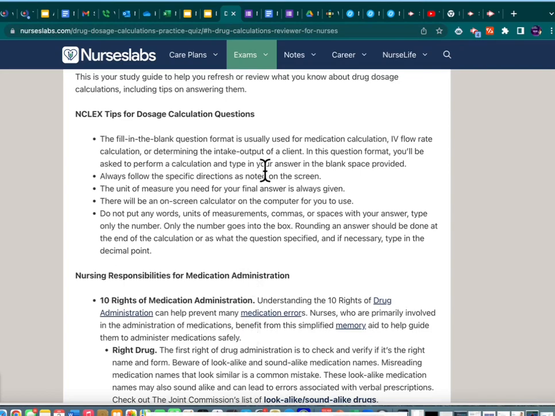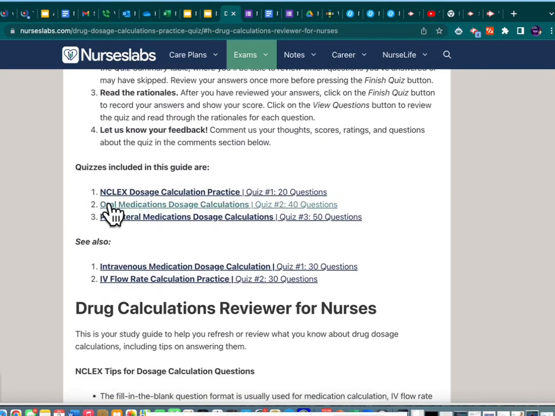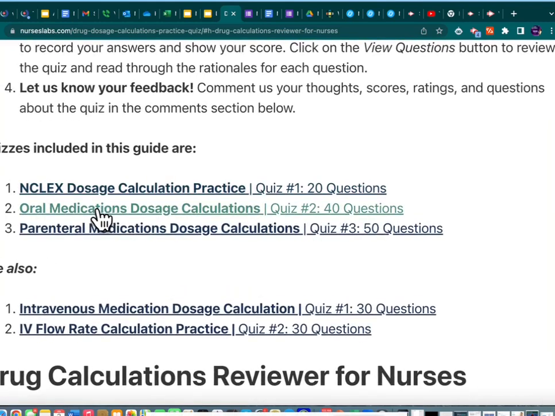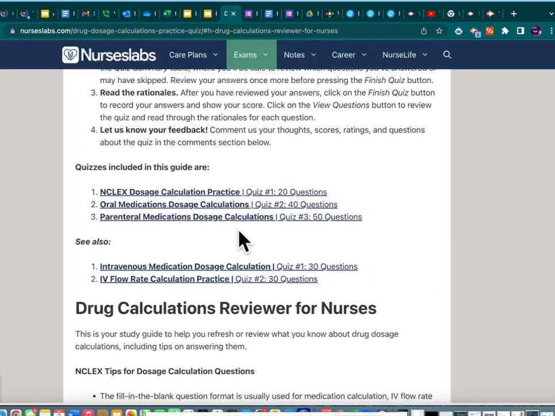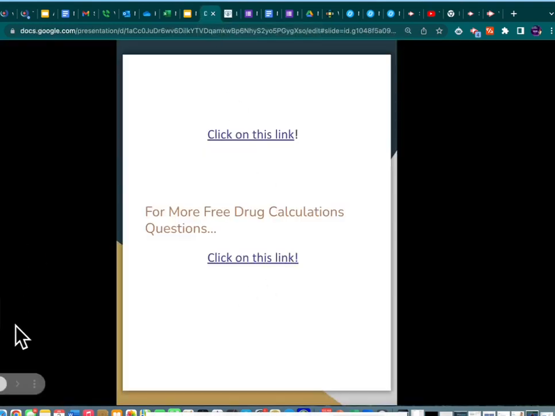You'll also see additional quizzes available in Quizlet that allow you to look at oral medications, parenteral medications, IV medication dosage calculations, and more IV flow rate calculation questions. So definitely Nurses Labs has a good little section that might be interesting for you to further build your skills in MedCalc.